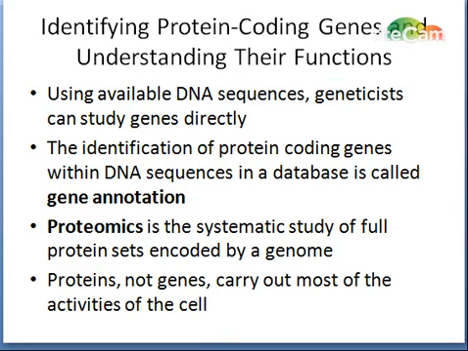And proteomics is a new study, which is the systematic study of the full set of proteins that are encoded by one genome. It's proteins, not genes, that carry out most of the activities of the cell, and these proteins are, as you know, coded for by the sequence of base pairs in the genome.